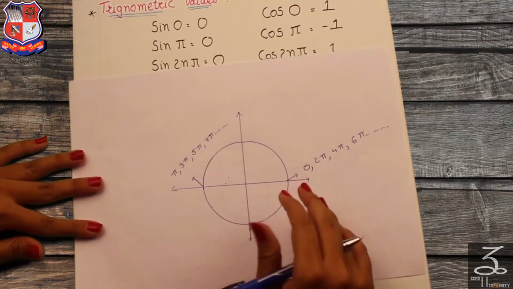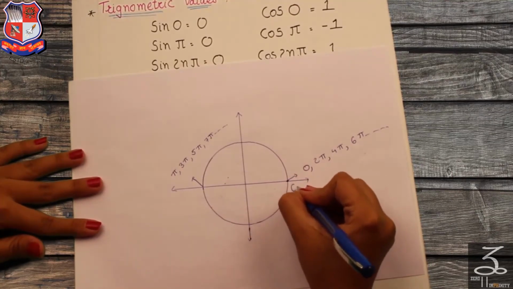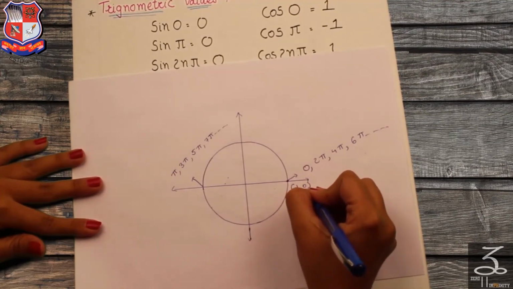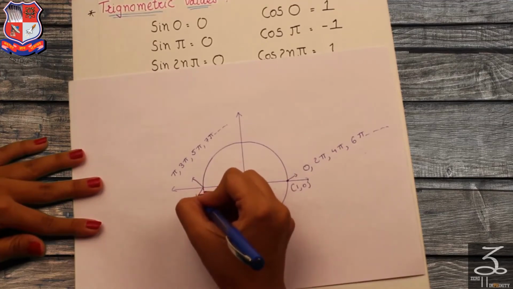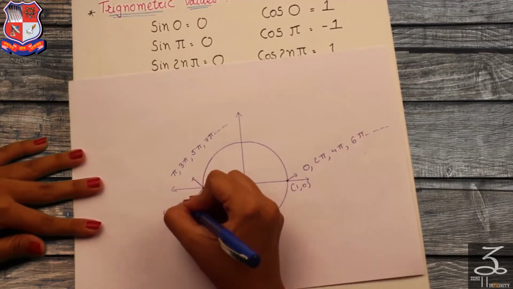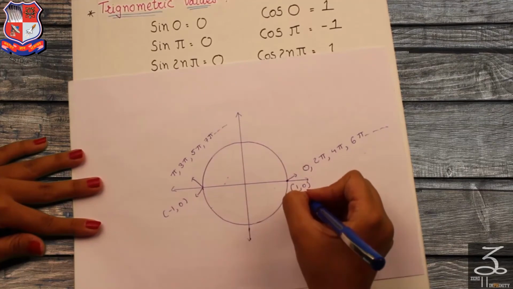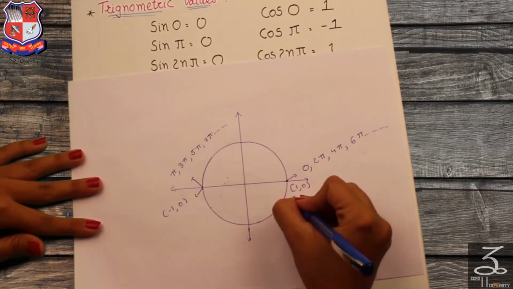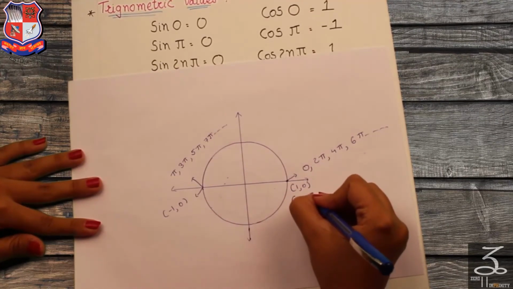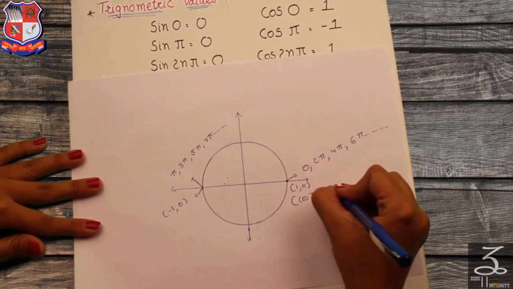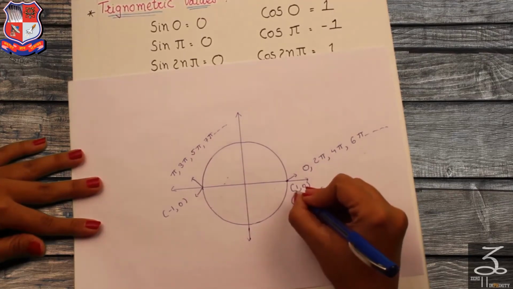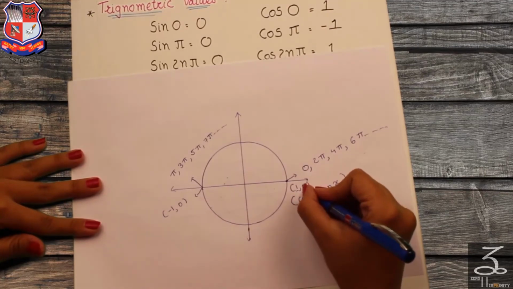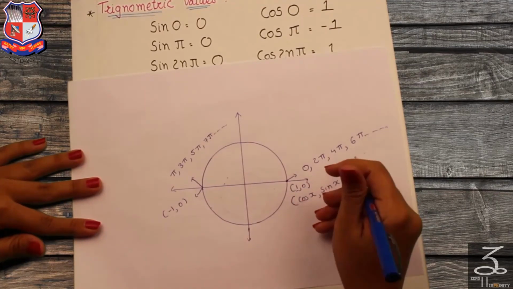Now the coordinates of this point are 1, 0 and the coordinates of this point are minus 1, 0. How can you define a coordinate using trigonometric functions? That can be written as cos x, sin x. It means the coordinate on the x-axis is always cos and the coordinate on the y-axis is always sin.